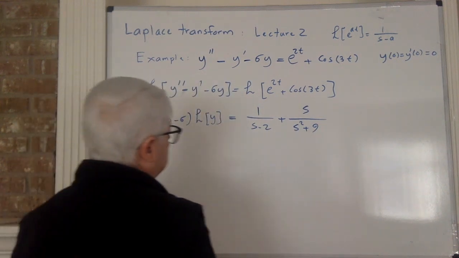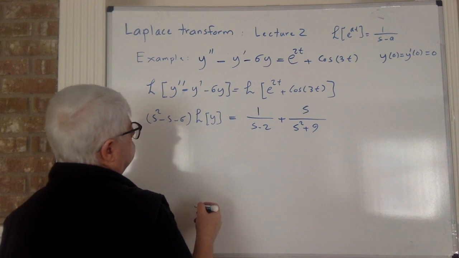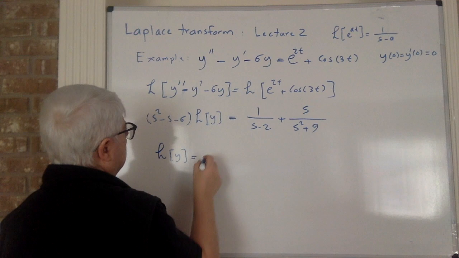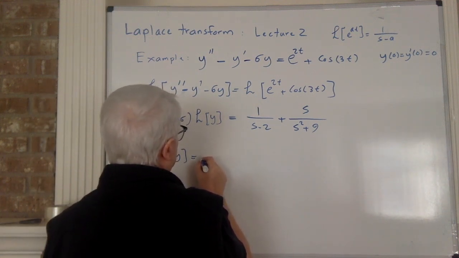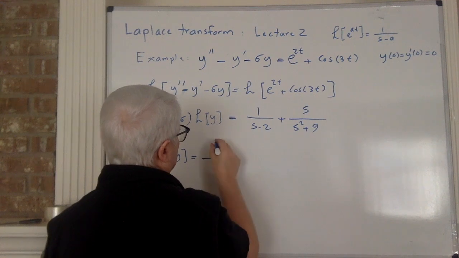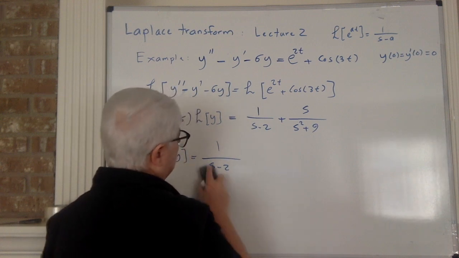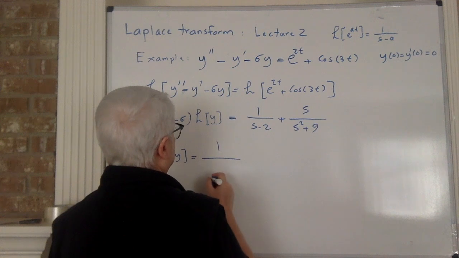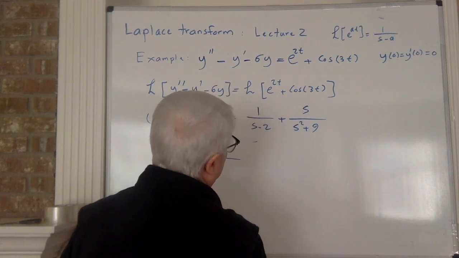Okay, so I have L of y. I can solve them one by one. Remember, I can do one by one. So let's do this one first, and then this one.